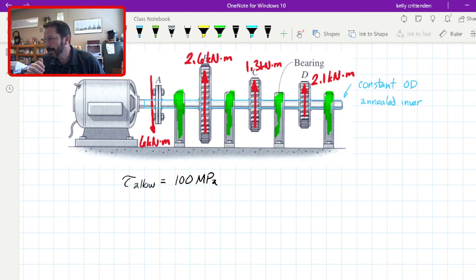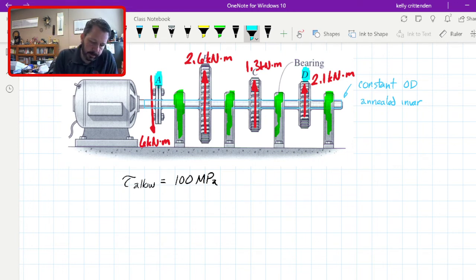Also, the angle of twist of D, which is over here, relative to A, which is over here, so basically between the input and last output, if all the intervals are 1.6 meters, basically all the sections are 1.6 meters long. This is actually a really long machine. The shaft has a 73.5 millimeter diameter and is composed of annealed ENGR again.